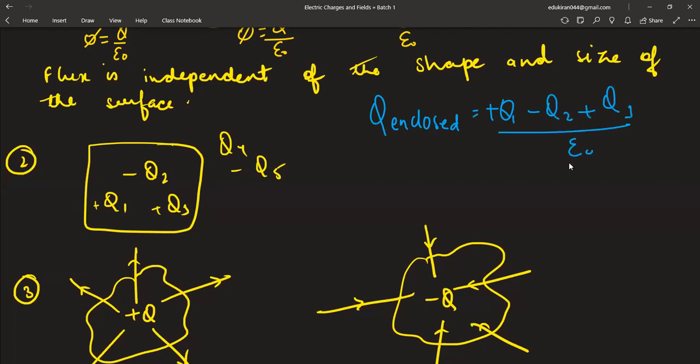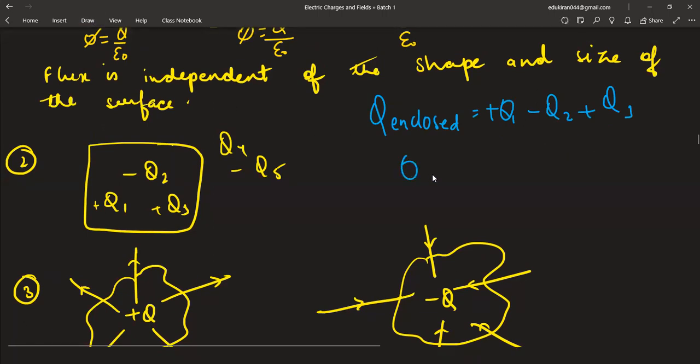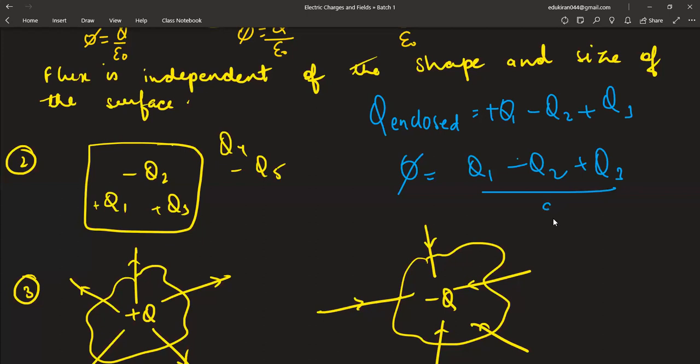That's the total charge enclosed. And if I have to calculate the flux, I'll take it as Q1 minus Q2 plus Q3 divided by epsilon naught. This is the total flux.